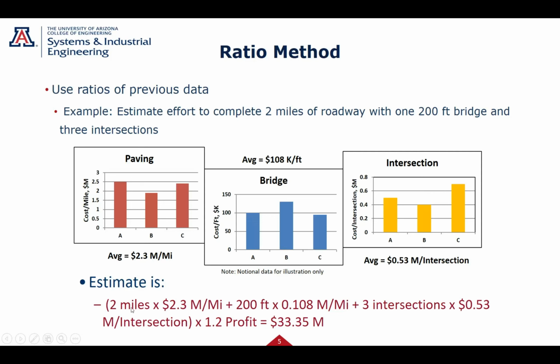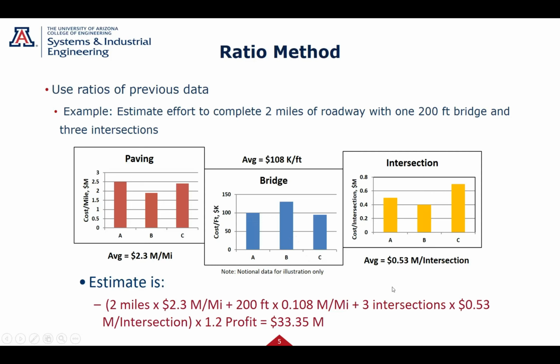Now I can just take those numbers: 2 miles times 2.3 million per mile, 200 feet of bridge up here times 108K per foot, 3 intersections. I'm going to add 20% profit, so multiply by 1.2. I have a $33 million job, roughly speaking. Now, when my team goes out and looks at it, they might say this job's a little harder or a little easier to pave, this bridge is going to be a little harder or easier.